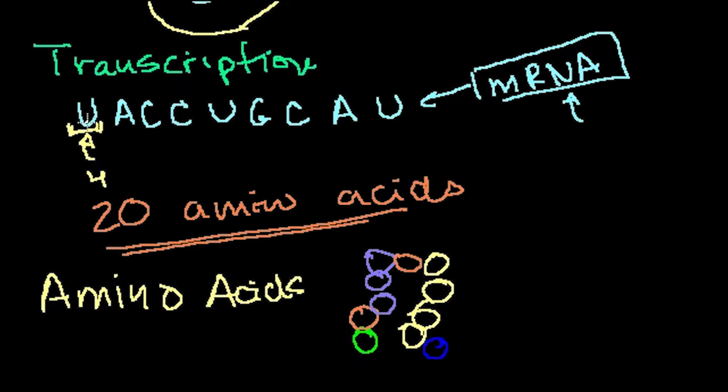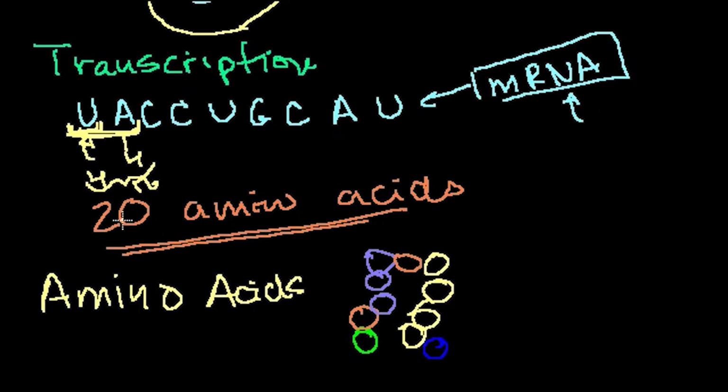But how can we increase the combinations? Well, if we include 2 bases, then how many combinations can we have? We have 4 possibilities here, and then 4 possibilities here, so we'd have 16 possibilities.